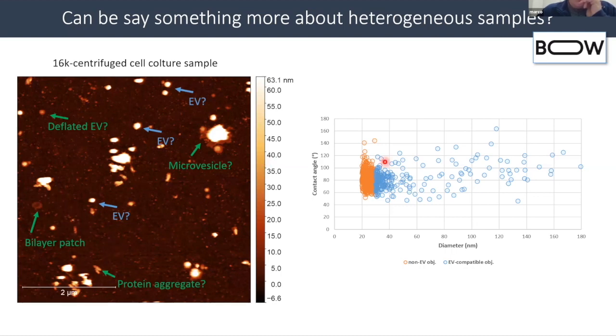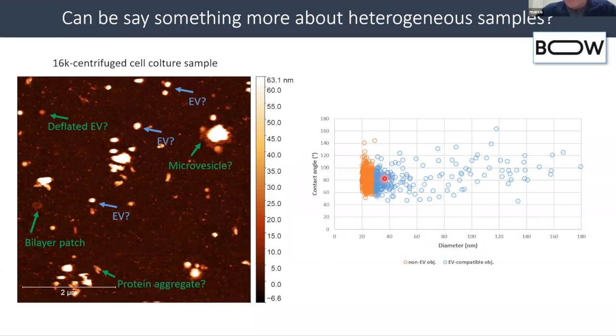But even if you just plot the ones that qualitatively are compatible with being vesicles, basically spherical caps, you end up very often with something like this cluster here, which cannot possibly be EVs because it crosses the 30 nanometers threshold we talked about earlier.